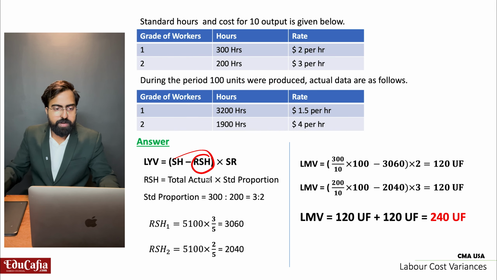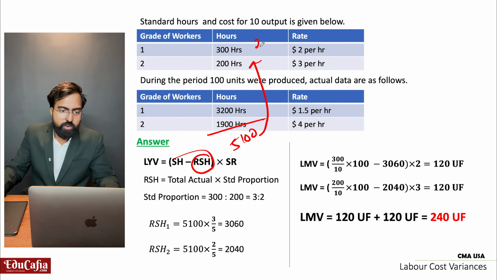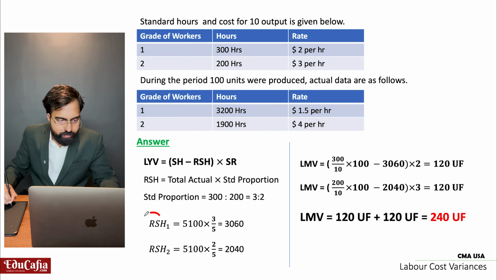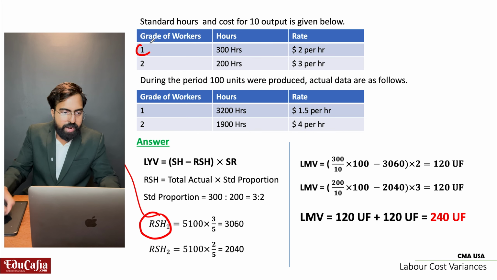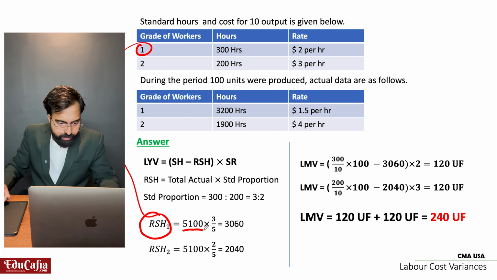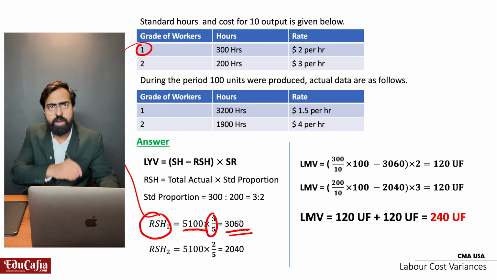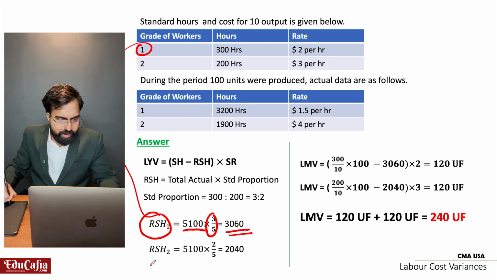Revised standard hours means the total is 5,100, that I have to convert by 3 by 5 and 2 by 5 for these grades. So RSH1 for grade 1: 5,100 into 3 by 5 is equal to 3060. We already calculated this in the mix variance. Then RSH2 is 5,100 into 2 by 5, 2040.